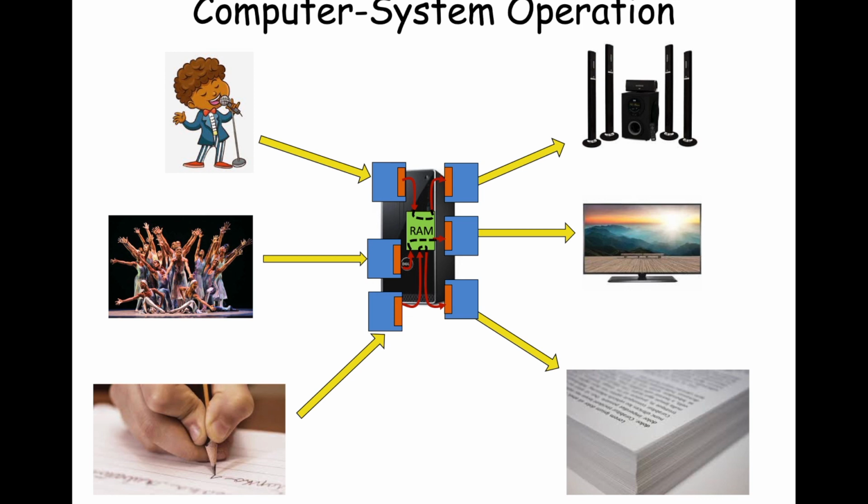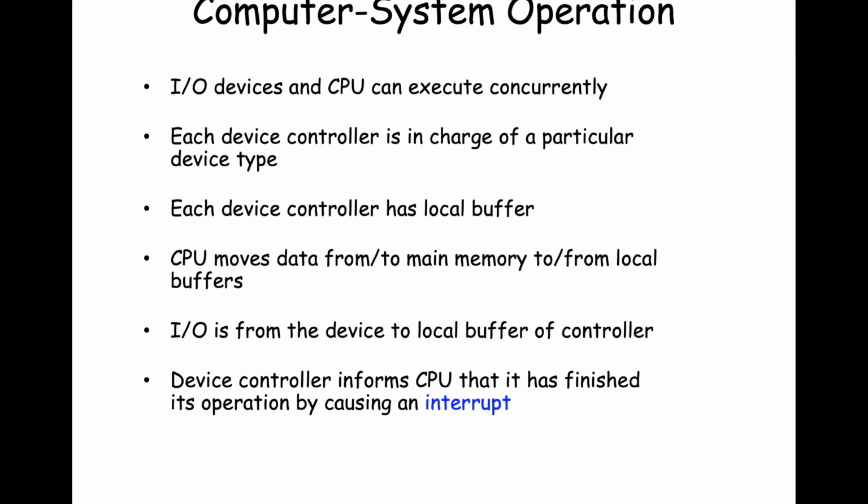So you have all of these systems, these I/O controllers, acting as intermediaries, and on the device side, they expose a controller, but they also have a buffer space available, and that's used for inbound or outbound data purposes. Each I/O device and CPU can execute concurrently, and each device controller is in charge of a particular device type.